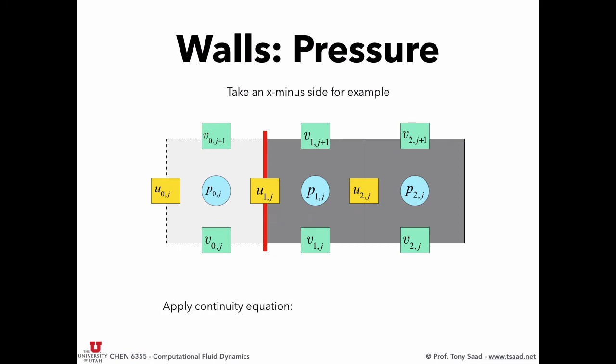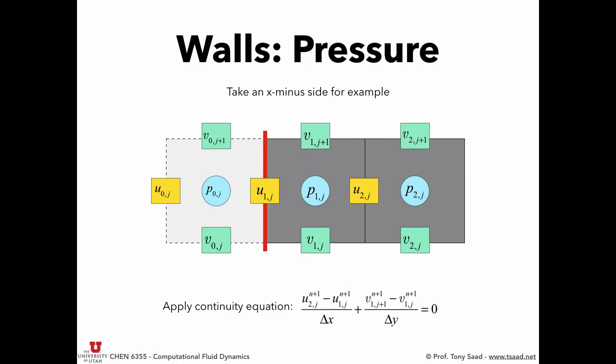So we're going to apply the continuity equation, and since we derived this earlier, this is simply telling us (u2j minus u1j) over delta x plus (v1j plus 1 minus v1j) over delta y equals 0. That's essentially du/dx plus dv/dy equals 0, which lives at the cell centers.